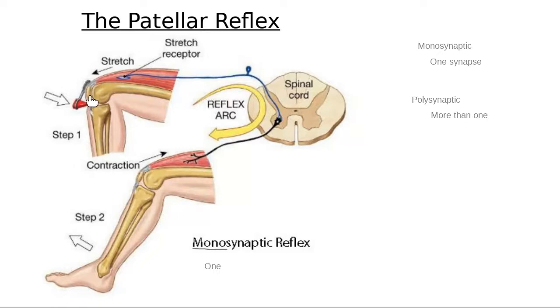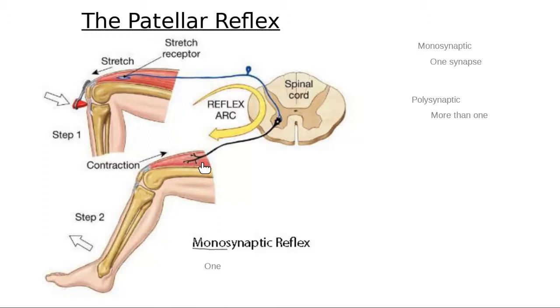When they tap on that, it stretches these muscles. These muscles detect that stretching and send that information into the spinal cord. Now, the patellar reflex is a monosynaptic reflex, meaning that sensory information actually isn't processed at all. We just synapse directly with a motor neuron, causing us to do muscle contraction.